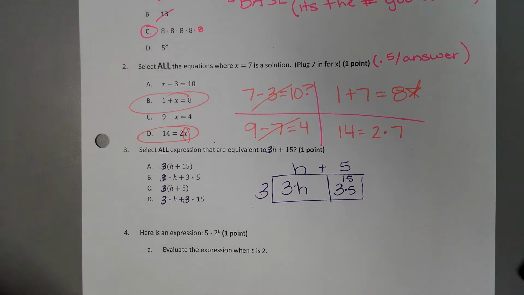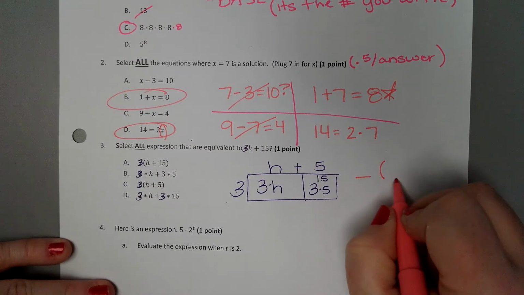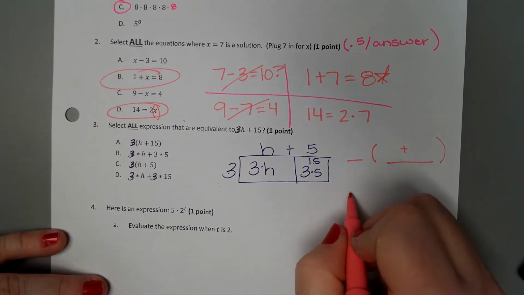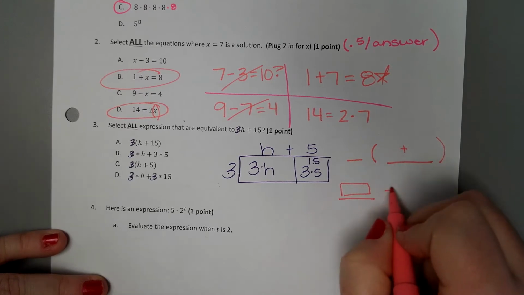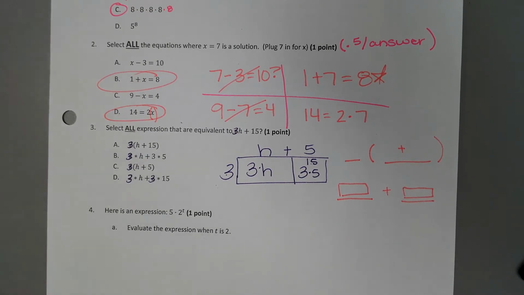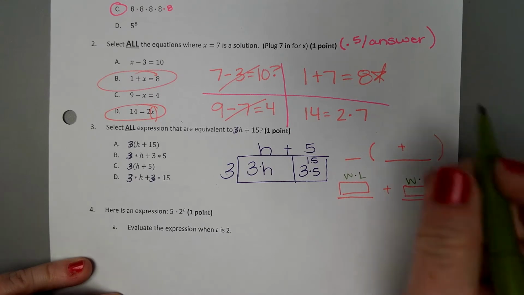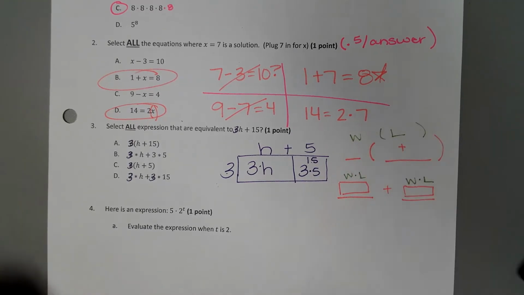So on a Thursday, Friday, we had one that was the area of the width times the length, where you added the length. And then we had one rectangle plus the other rectangle. And it was still width times length, width times length. This is width times the total length when we're adding them.